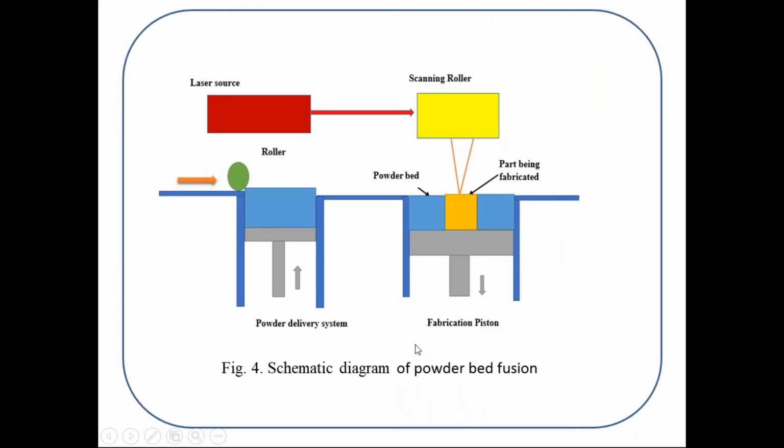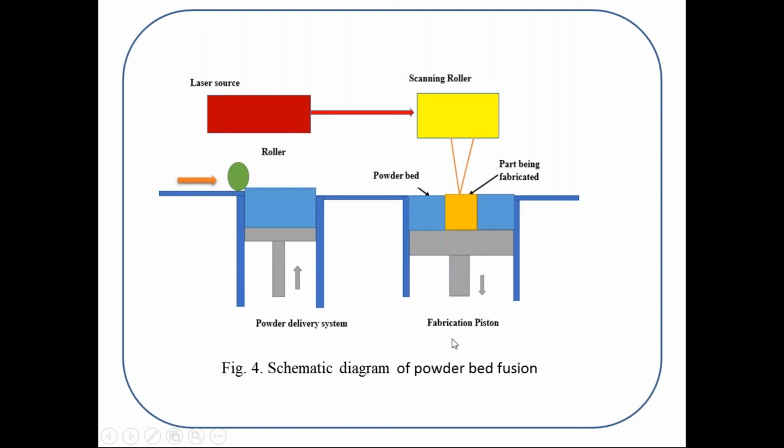Coming to the schematic diagram of powder bed fusion, this process consists of a laser source, a roller, a powder delivery system and a fabrication piston. Here the fabrication piston goes down by 1 layer thickness and the powder delivery system rises by 3 times the 1 layer thickness. Then the roller moves over the process chamber to create the layer and the laser scans the layer as per the required cross section.